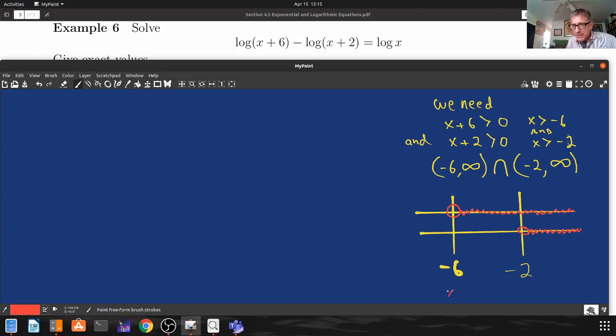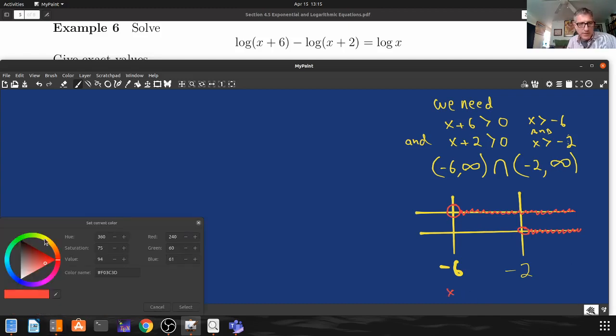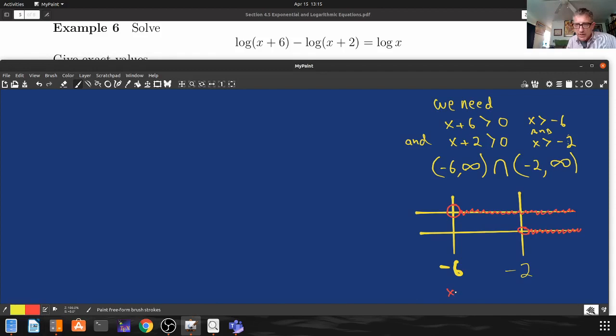So x has to be in the set minus 2 to infinity. When we solve this equation, if I get any value of x less than or equal to minus 2, it has to be rejected.